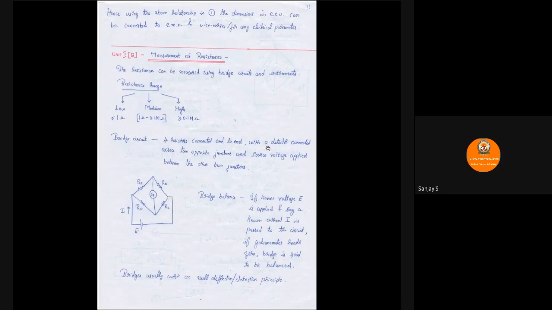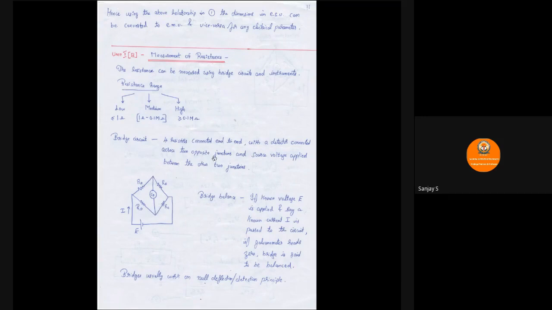So here a detector is connected across 2 opposite junctions. This G, which is a galvanometer, is nothing but a detector. It is called a detector because it is going to detect whether the bridge is balanced or not. So this detector is connected across 2 opposite junctions.